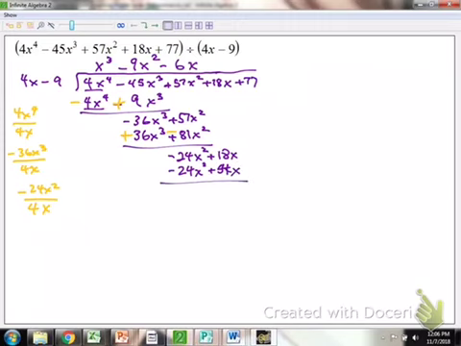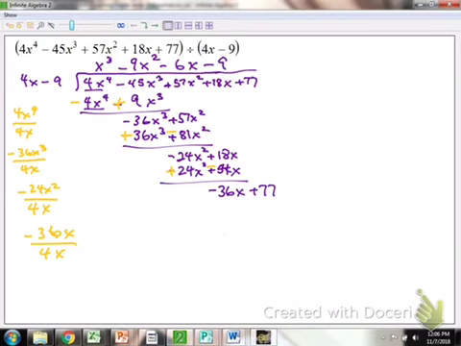And subtraction changes the signs. 18x minus 54x is negative 36x. Bring down the 77. And we got one more to do here. Negative 36x divided by 4x is negative 9x.